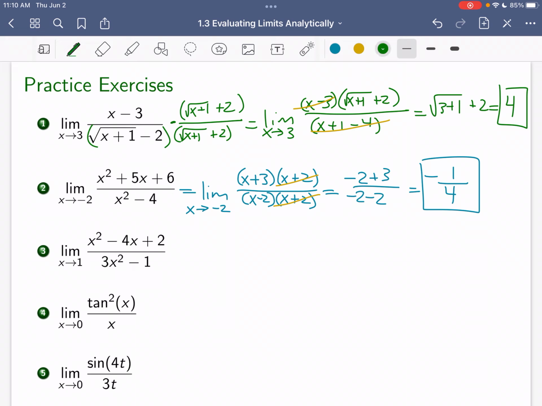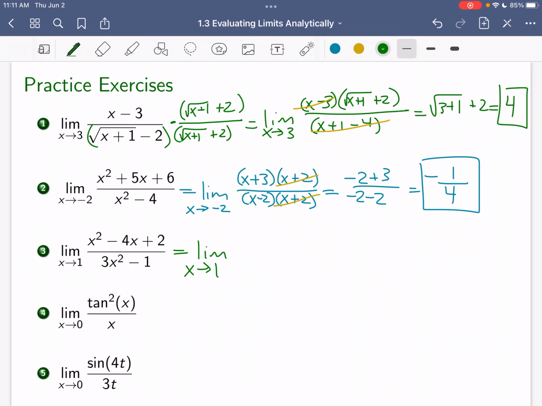Perfect. Let's look at another problem. In our next problem, we have the limit as x approaches 1 of x squared minus 4x plus 2 over 3x squared minus 1. So how are we going to deal with this? Factor sounds like a great idea, except I would always check direct substitution first. Just do a quick mental check, see if that's going to work. And on this problem, it turns out it's going to work.